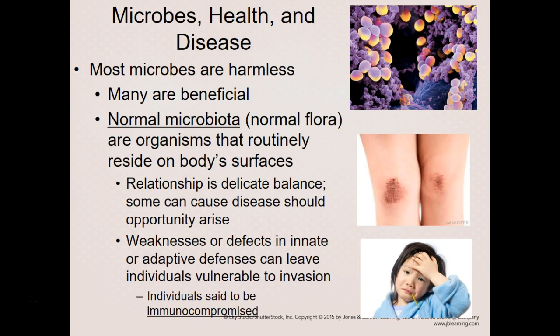But if we have some type of vulnerability that occurs, we scratch ourselves, we cut ourselves, something else happens, then that can cause these bacteria to move to areas they're not supposed to be in, and that can actually cause us to get sick.